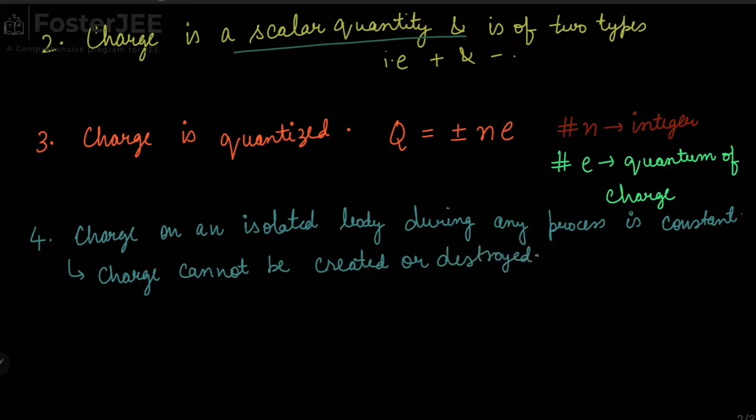The meaning of this point is that if we take any isolated body, means it is not coming in contact with any of the other bodies present nearby it, then during any such process, the total charge is constant or conserved. Or we can say the charge can't be created nor be destroyed in an isolated body.